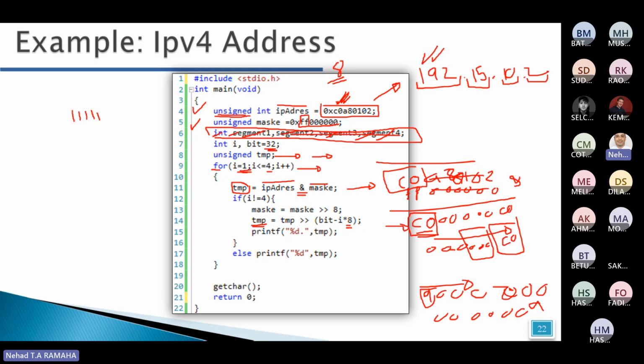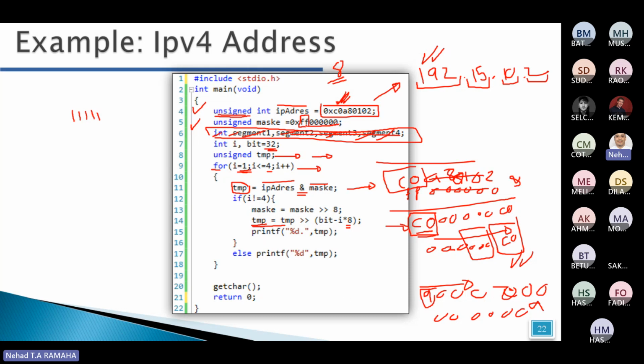Why multiply by 8? Because we speak about 8 digits for each one. So we have 32 position multiplied by 8. Okay. This is a shift to make this on the most right. What about the mask?